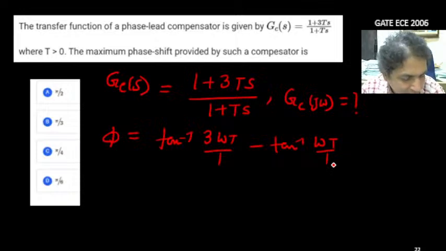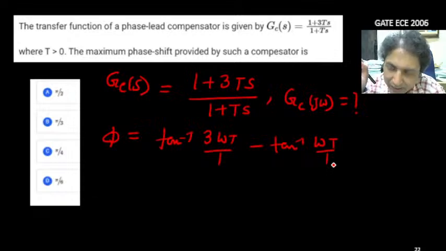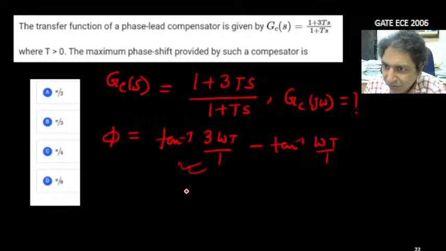Now how to find the maximum phase it will provide? For maximum or minimum, one technique is that you need to take the derivative of this phase with respect to omega. At one frequency, if the derivative of this phase becomes 0, you will have a maxima or minima, right? Initially this magnitude will be more, so the initial phase will be positive.